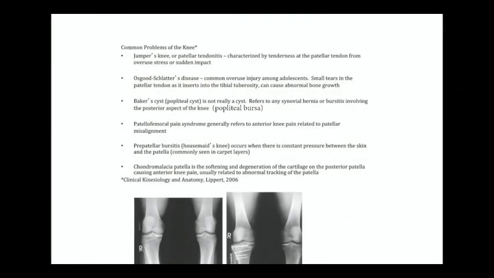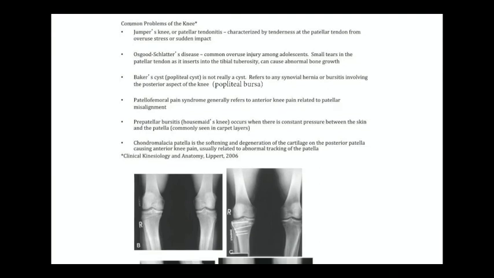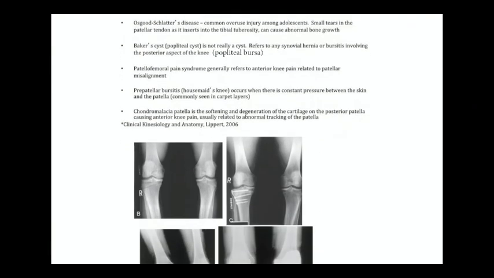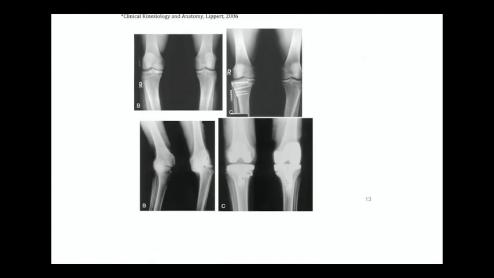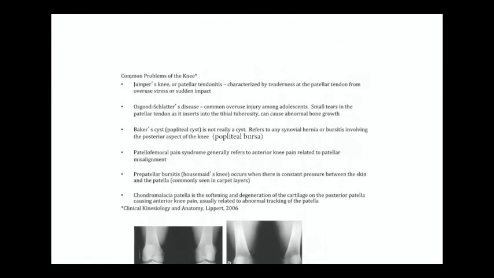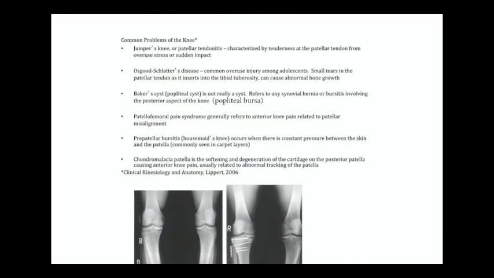These are all common problems that we see with the knee. There will not be specific questions on the test about these, but they are things you might see in notes. Often there are knee replacements, things like that, knee surgery. So these are just things to know for the future. If you see them come up in clinical practice, you'll be aware of what they are.